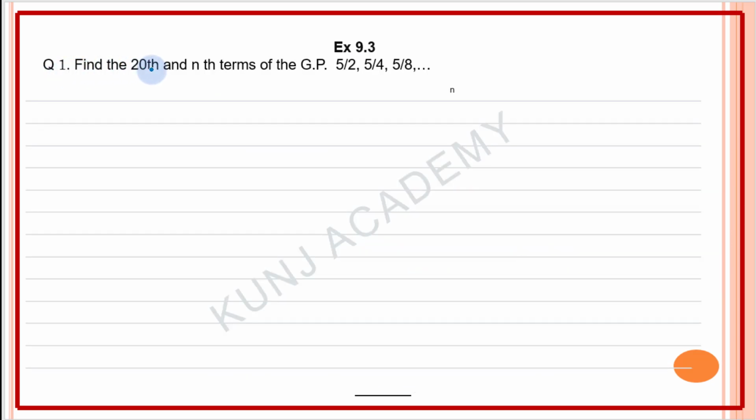Question: find the 20th and nth term of the GP 5 upon 2, 5 upon 4, 5 upon 8 and so on. Here the first term is 5 by 2.